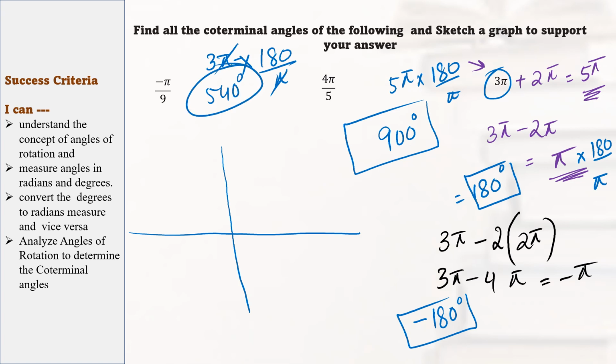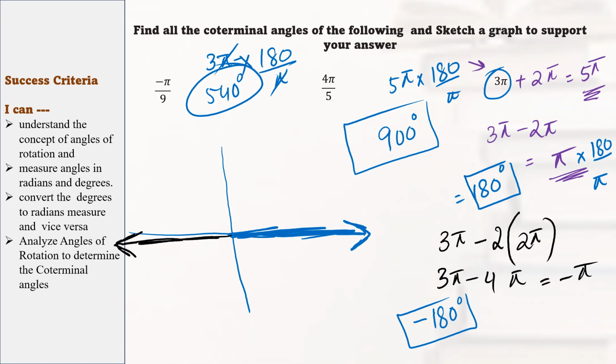So let's make first 540 degree. 540 degrees means 360 plus 180, right? 360 plus 180 gives me 540 degree. It means that one line is here. This is my standard position. And where is the other one? The other is here.